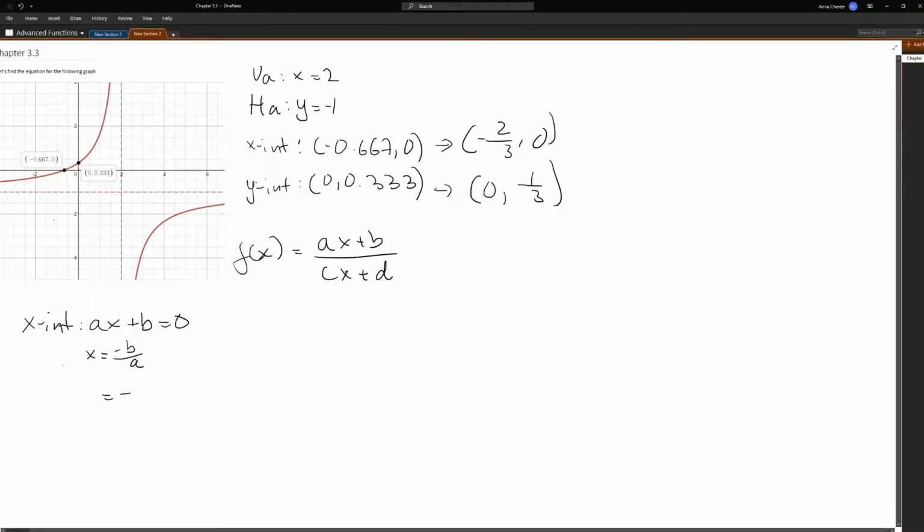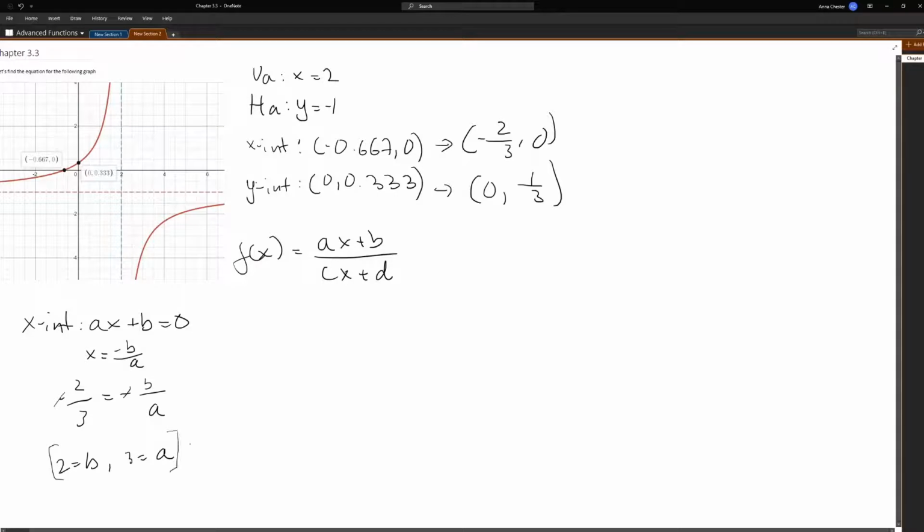So -2/3 is equal to -b over a. Now that we have two negatives, you could just simply cross them out, and by making these two expressions equal each other, we find that 2 is equal to b, and 3 is equal to a.